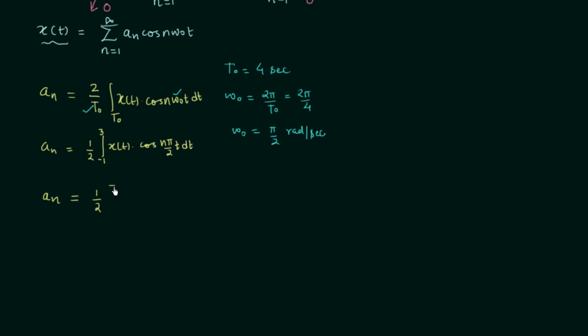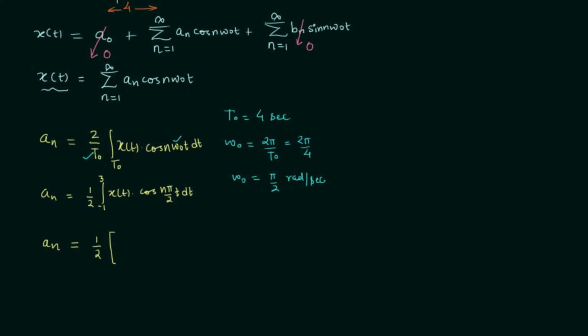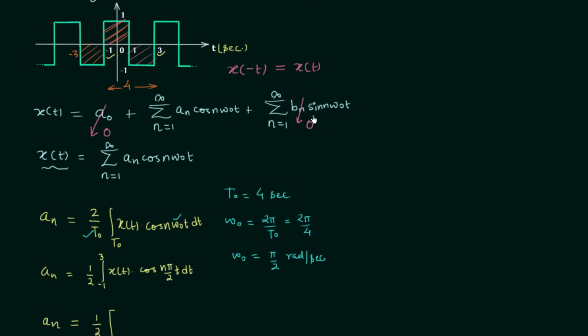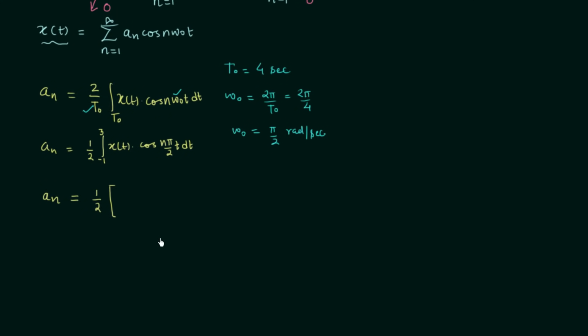1 over 2. I will split the integration into two integrals because we have signal value x(t) different from -1 to 1 and from 1 to 3. You can see in the signal waveform from -1 to 1 signal value is equal to 1, and from 1 to 3 signal value is equal to -1. So the first integral will have the range -1 to 1, and the value of signal x(t) is 1.